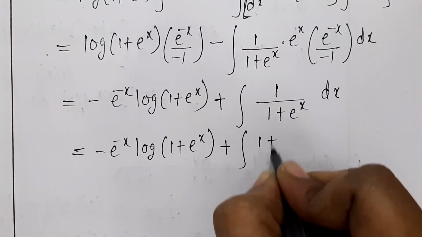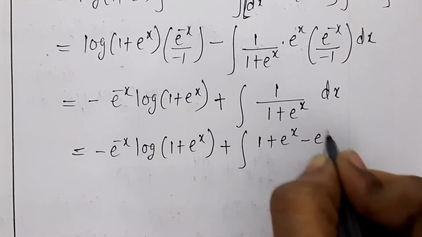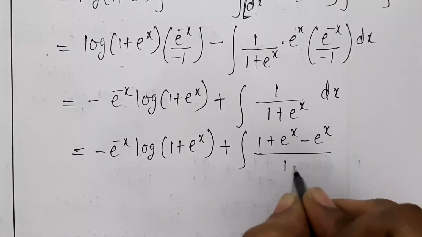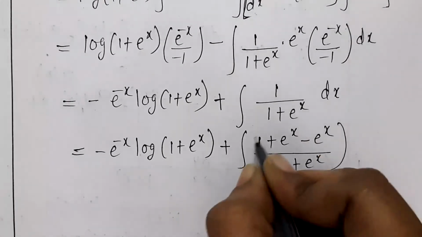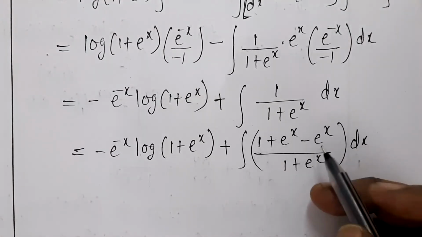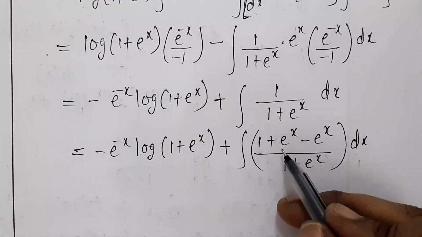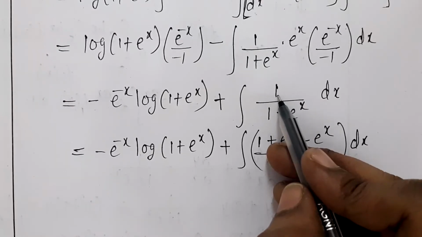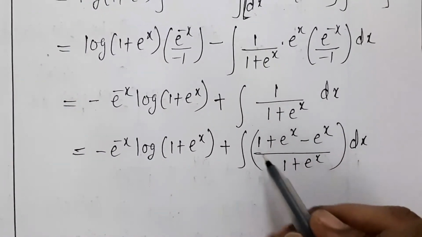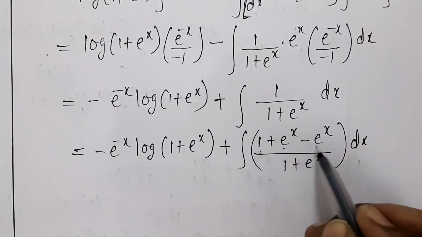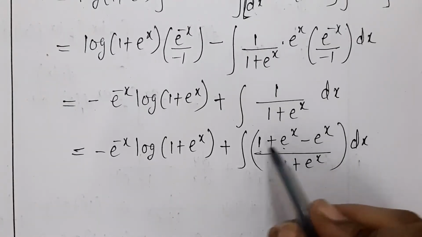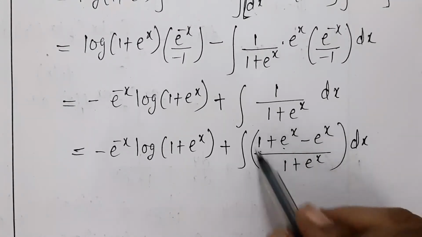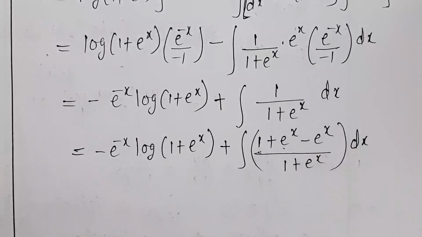So we can write it as 1 plus e to the power x minus e to the power x, divided by 1 plus e to the power x into dx. See, here simply we have done an adjustment. What we want is 1. So we have 1 plus e to the power x minus e to the power x. This will get cancelled, remaining is only 1. So simply we have adjusted to simplify this integration.